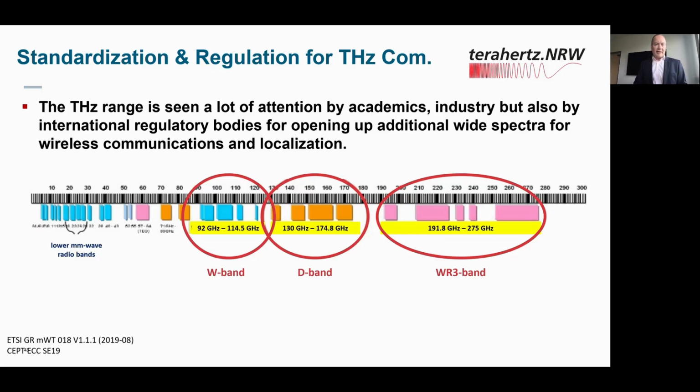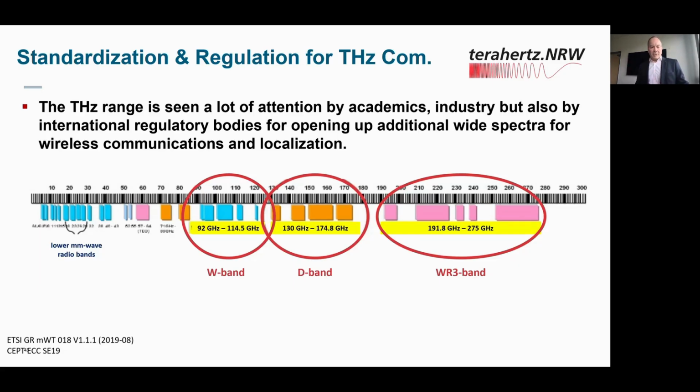For example, 5G systems are nowadays operating mostly around 3.5 or 3.6 gigahertz, whereas fixed wireless access systems are already using frequencies like 70 or 80 gigahertz for commercial products.